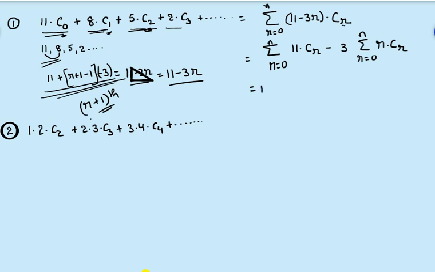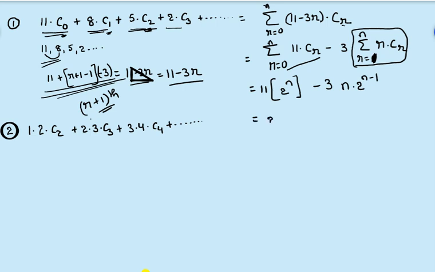Now we can write this as 11 into summation r is equal to 0 to n Cr, that is nothing but 2 to the power of n, right? Minus 3 into summation r is equal to 0 to n, and this we can write as r is equal to 1 to n. What can we write that one as? n into 2 to the power of n minus 1.